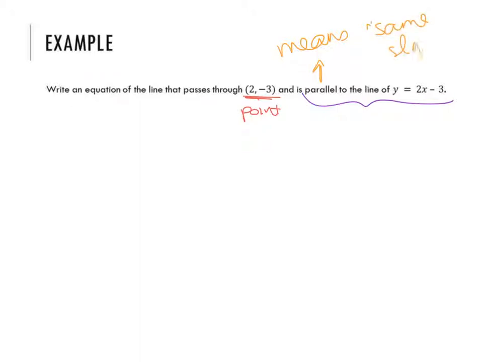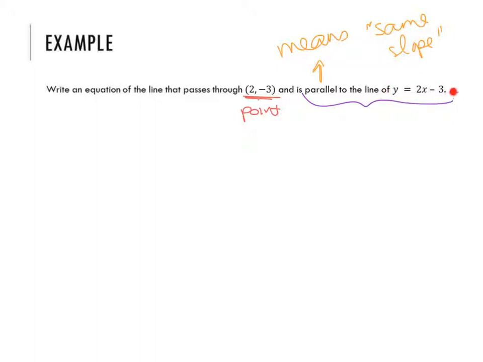So this is telling you in several words that you're going to write the equation of the line that has the same slope as this line. Okay, because parallel means same slope.